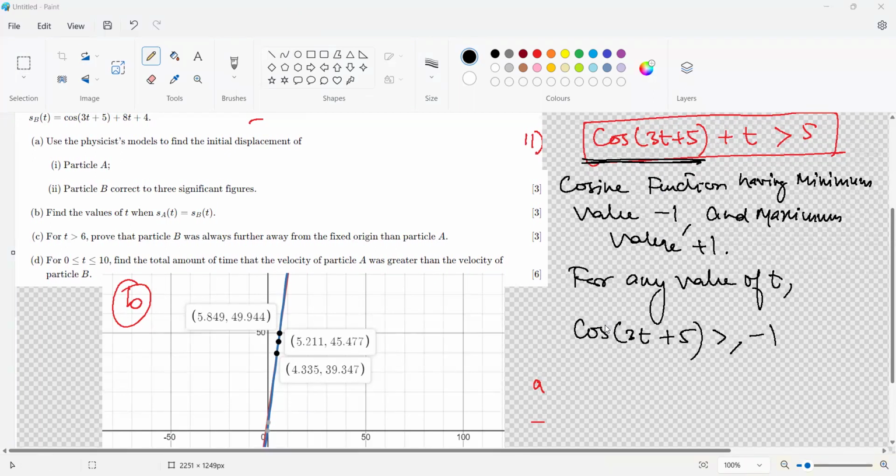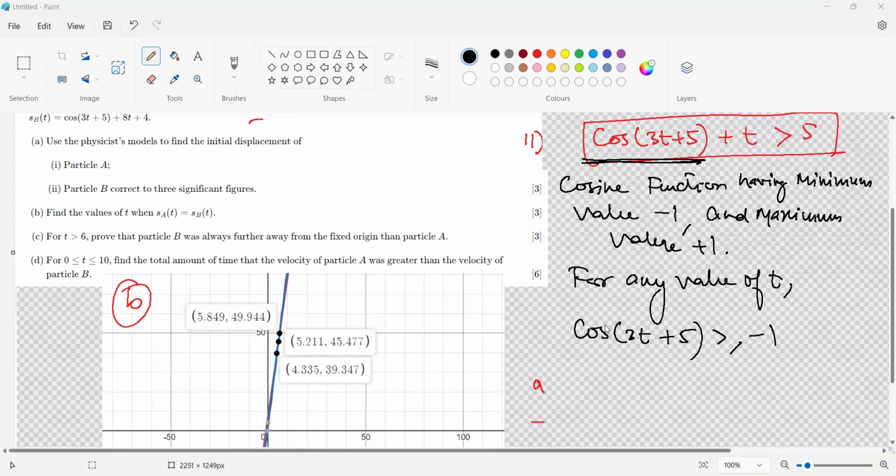Are you getting this? Because cos has minimum value -1, so it can't go beyond -1. So for any value of t, cos 3t plus 5 would be always greater than or equal to -1.